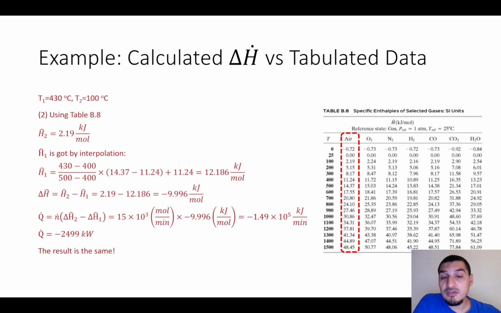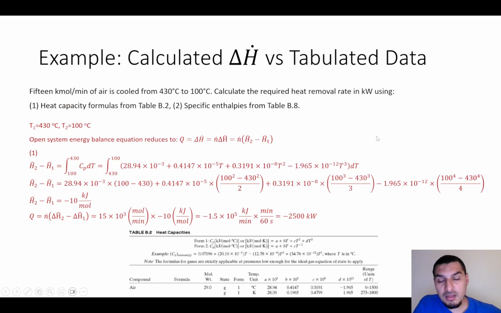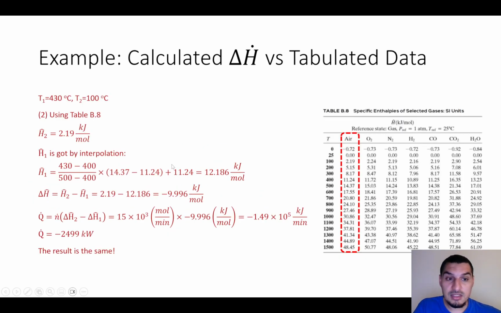The second thing, which is a very important thing that we mentioned before and highlighted many times, regarding the reference state. In this solution that we did here, we said that the reference state is T1, which is 430 degrees Celsius. And we have discussed this in the previous problem. When we do the integration from T1 to T2, then you set your reference state to be T1. And in this case, the reference state was 25 degrees Celsius.